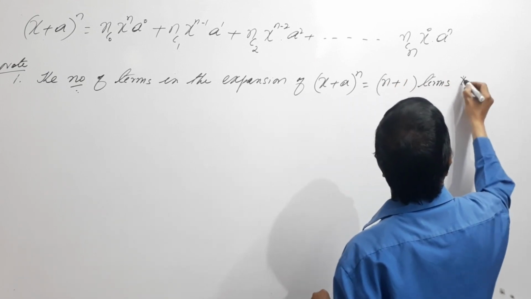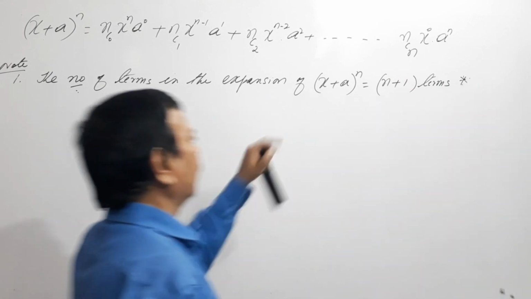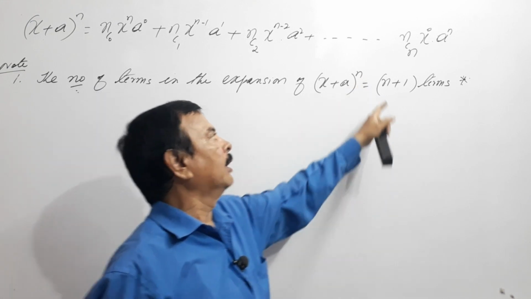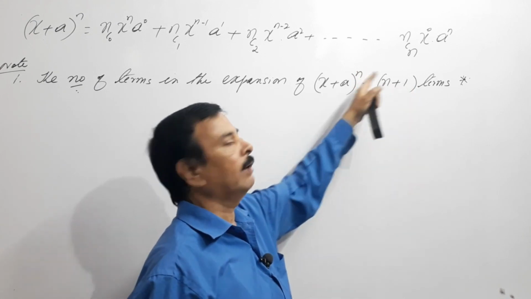Very important problem, important rule, don't forget. So if it is (x + a)^6, we will have 7 terms. If it is 6, we will have 7 terms. If it is 8, we will have 9 terms.